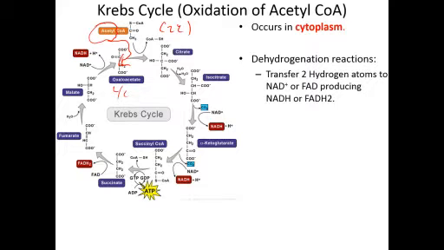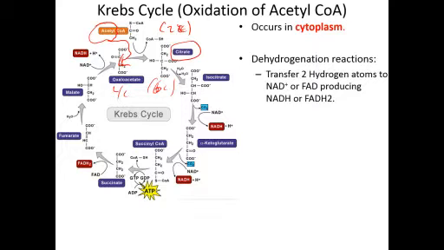So now you form this new product called citrate, or citric acid, that has a total of 6 carbons. Again, this is one of these cyclical biochemical pathways. Citrate is going to now go through a series of chemical reactions.